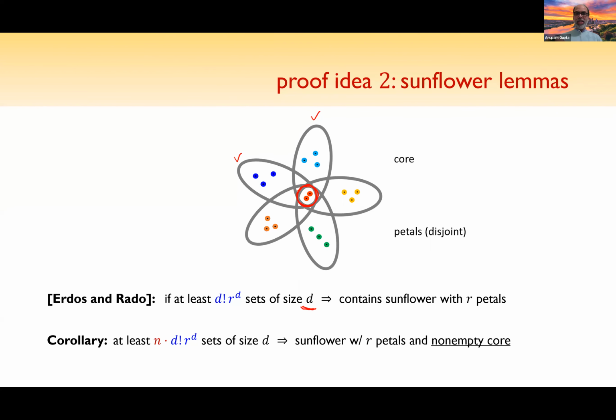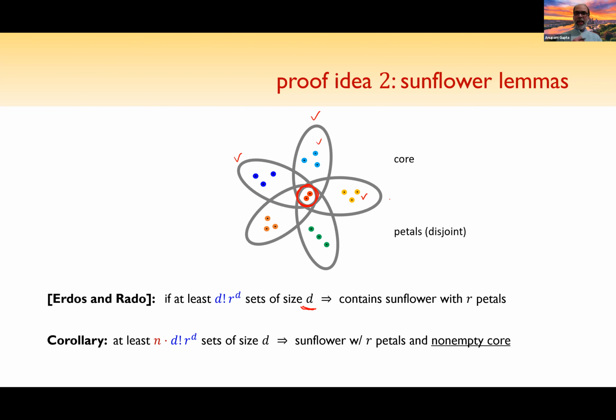So the intersection of any two sets in the sunflower is the same as the intersection of all the sets in the sunflower. Good. And these things are called the petals, and the petals are all disjoint from each other. So there's the core, and the petals are disjoint. This is a sunflower.